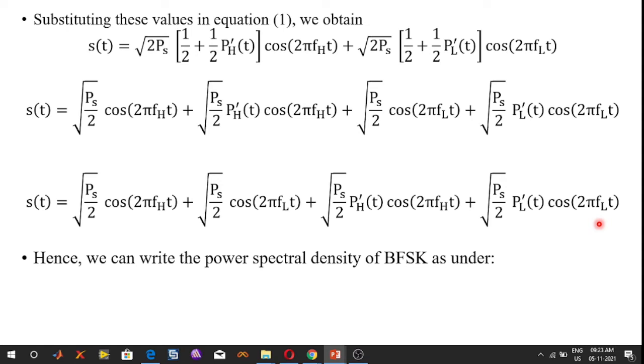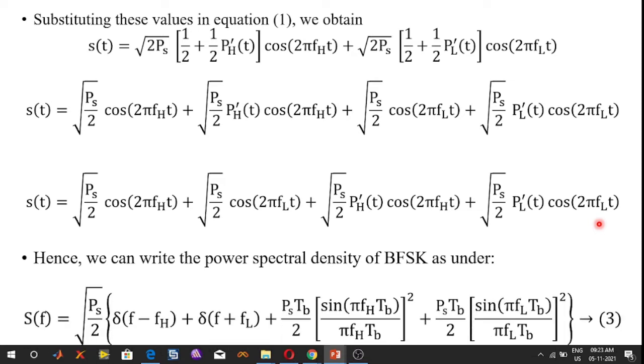Hence, we can write the power spectral density of the binary FSK signal. This is the time domain representation of the signal, so we find the frequency domain representation from this equation. That frequency domain signal is the power spectral density function of the binary FSK signal.